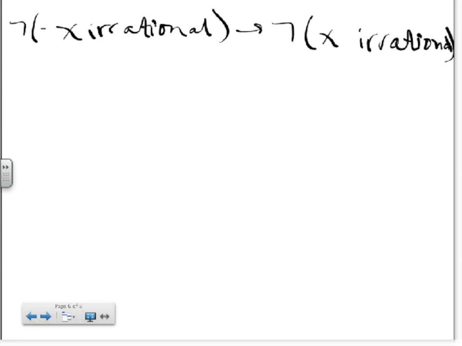Because a real number can only be rational or irrational, saying that negative x is not irrational is the same as saying that negative x is rational. And so we'll change that to: if negative x is rational, then x is rational.